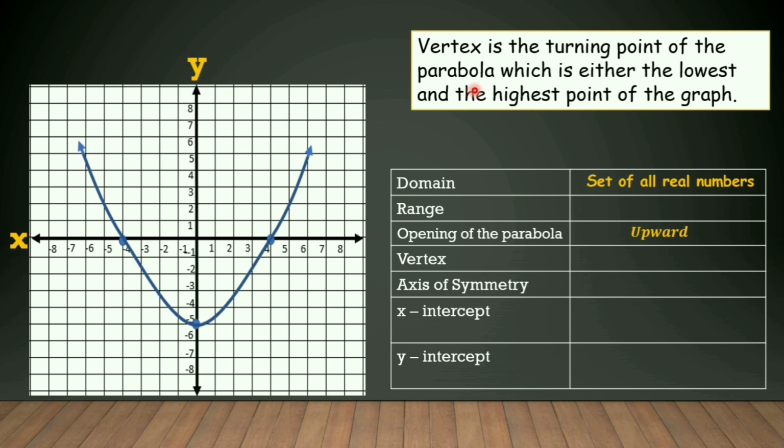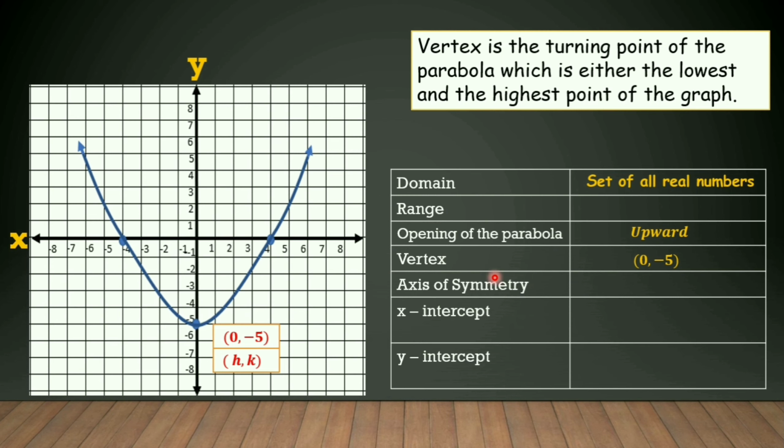Vertex is the turning point of the parabola. So, if this is our parabola, the turning point, ibig sabihin kung saan lumiko yung parabola, yun yung vertex natin, which is either the lowest or the highest point of the graph. So, in this example, the vertex is the lowest point of the graph, and that is point (h, k), which is (0, -5). So, the vertex is (0, -5).